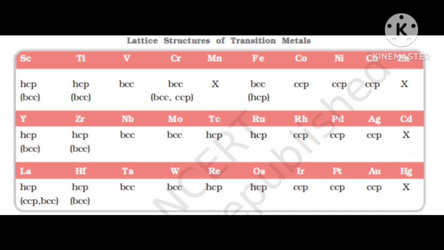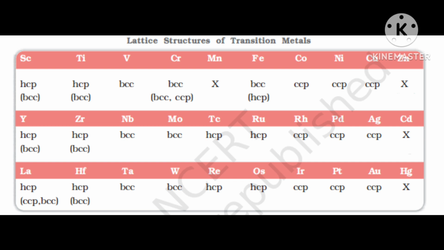They have high enthalpies of atomization. This I have told you, with the maxima at about the middle of each series.